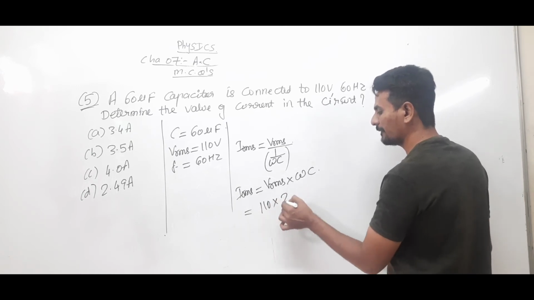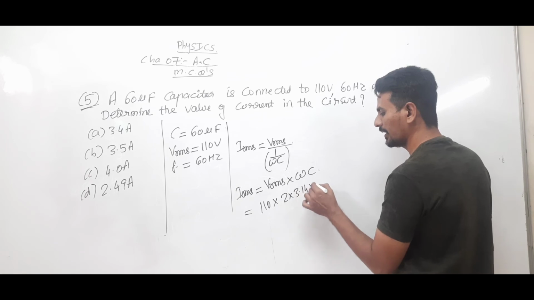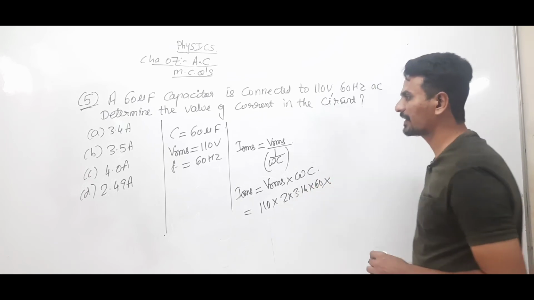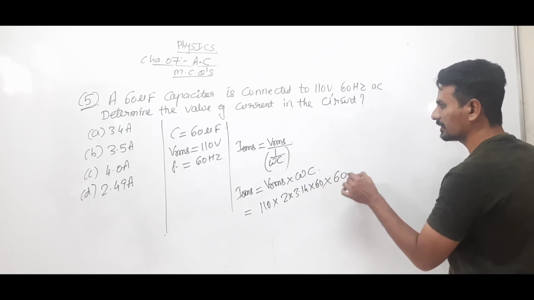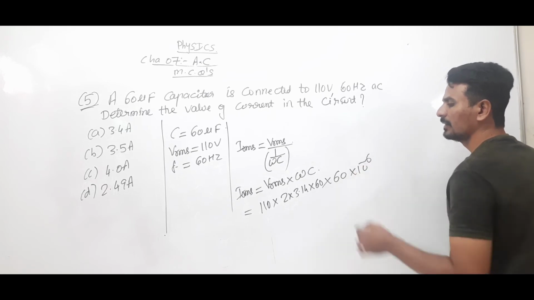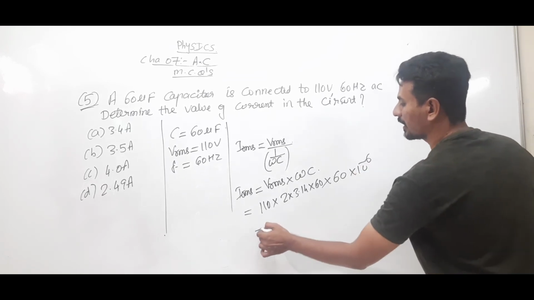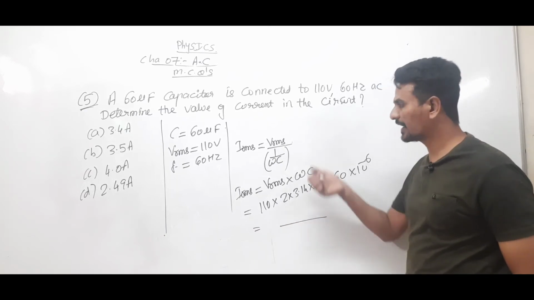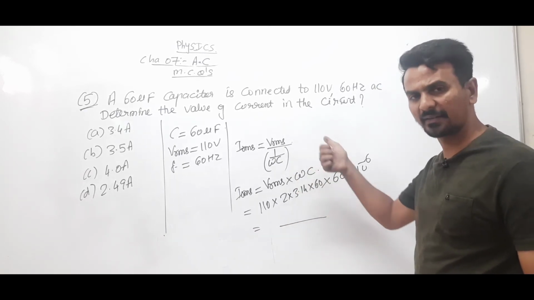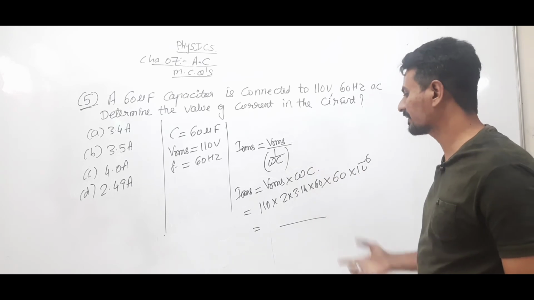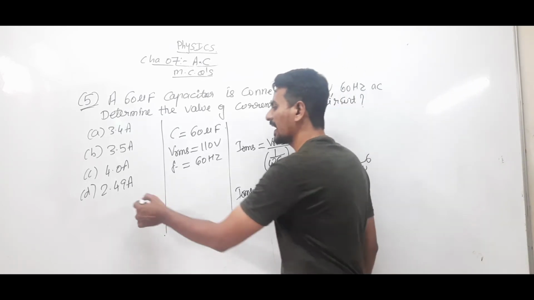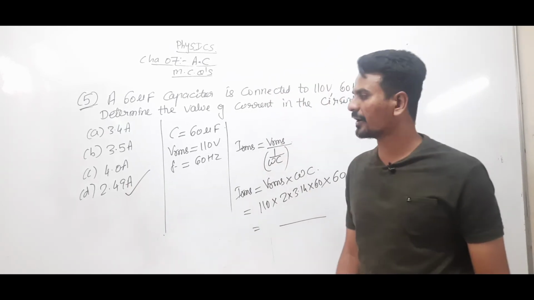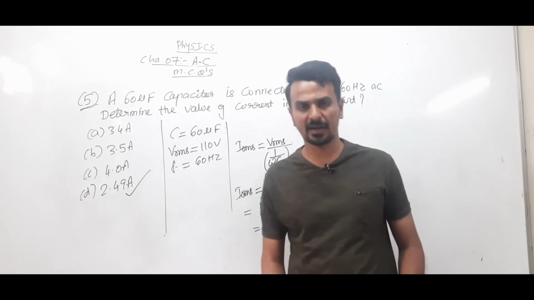Omega is 2 pi f, 2 into 3.14 into 60, into the capacitance, that is also 60 microfarad, that is 60 into 10 raised to minus 6. So finally IRMS will be equal to VRMS by XC, that is the capacitive reactance, which is 1 by omega C. On solving this, you will get current equal to 2.49. This is the value of IRMS.